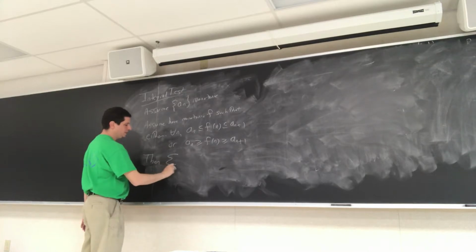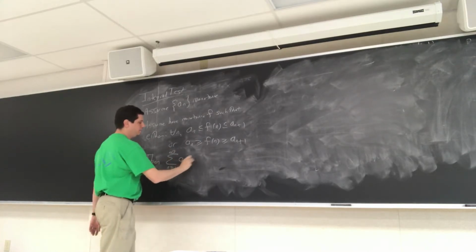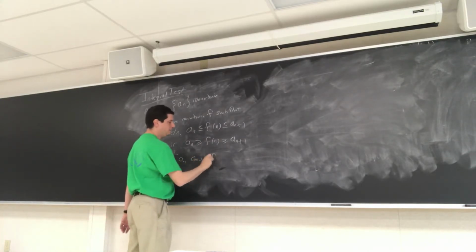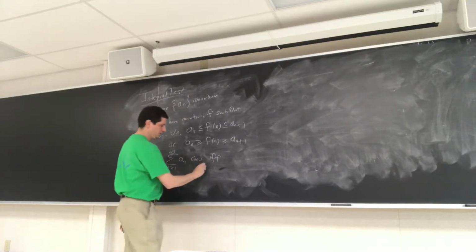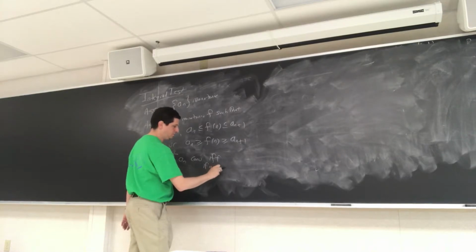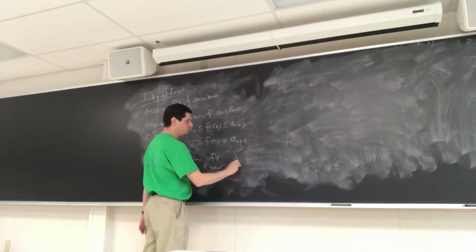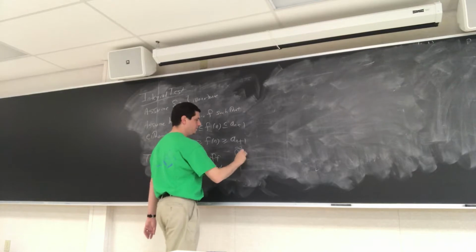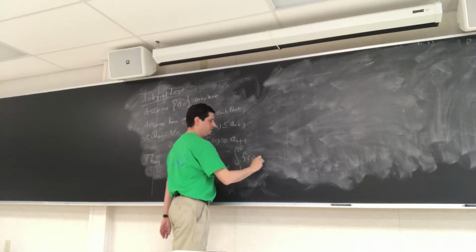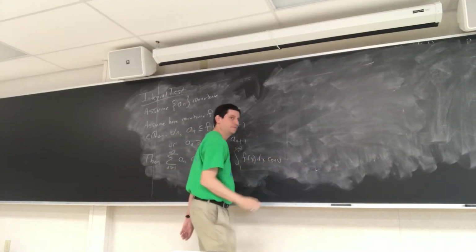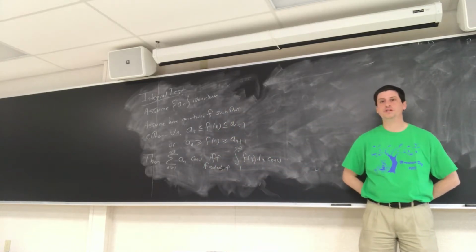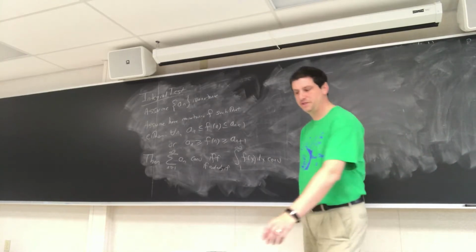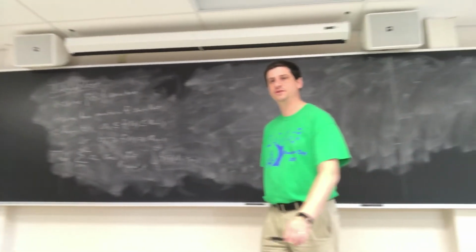Then the sum, n goes from 1 to infinity, of a_n converges if and only if, and IFF means if and only if, the integral from 1 to infinity of f of x dx converges. So a sum will converge if and only if a corresponding integral will converge. If the integral diverges, the sum diverges. If the integral converges, the sum converges, and vice versa.